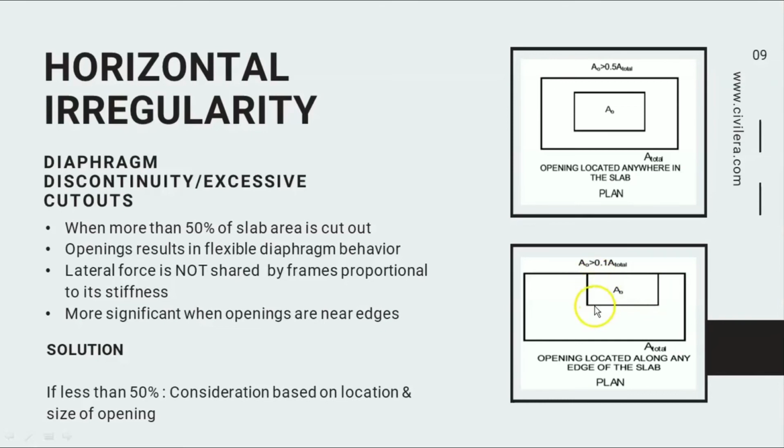Proper lateral load transfer doesn't occur. If less than 50%, consideration is based on location and size of opening. If more than 50%, then the slab is to be considered as flexible.